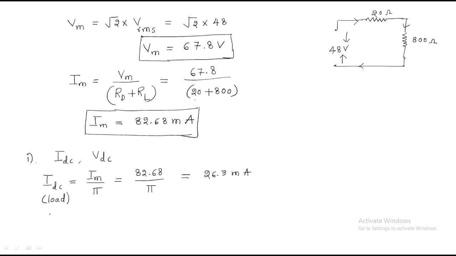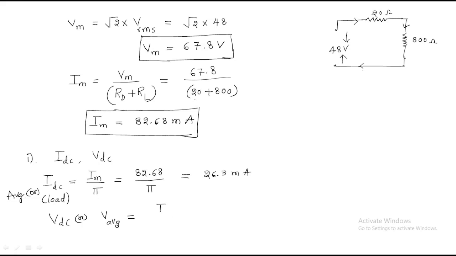Next we will find the average DC voltage. DC voltage is nothing but the average voltage; both are the same.